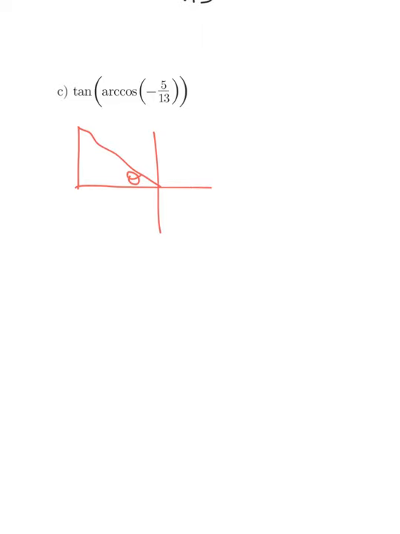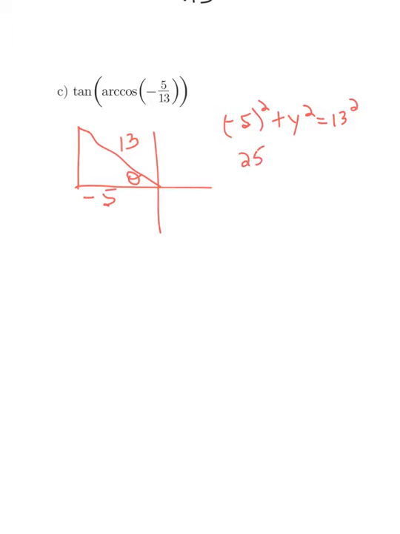is second quadrant. Set up a relationship where the cosine x is 5, r is 13, the x gets the negative. Do your Pythagorean theorem to find the y value. Negative 5 squared plus y squared equals 13 squared.